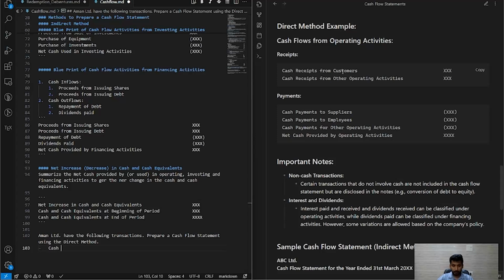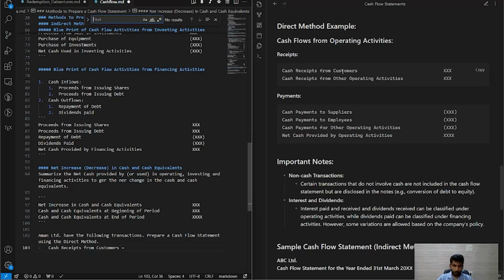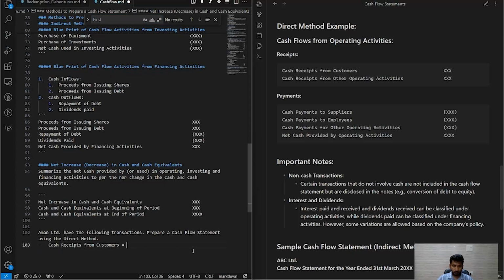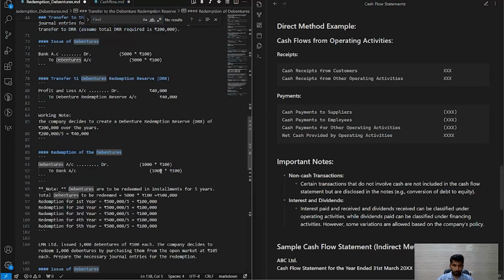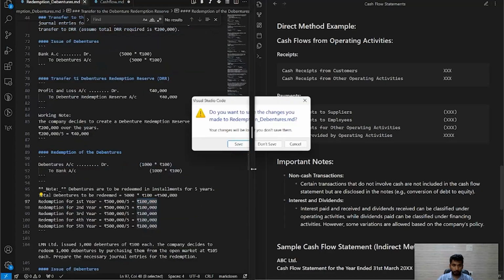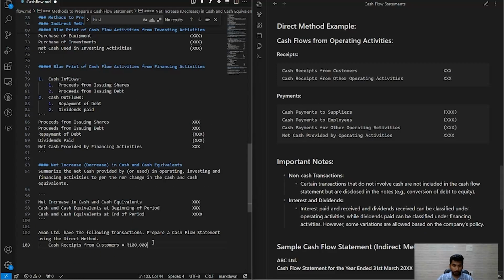Cash receipts from customers will be rupees 1 lakh.